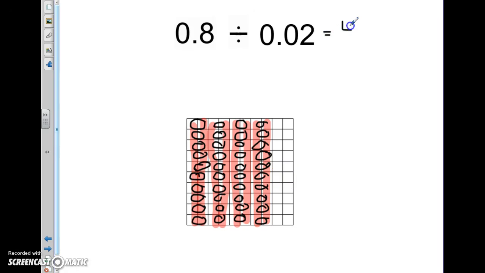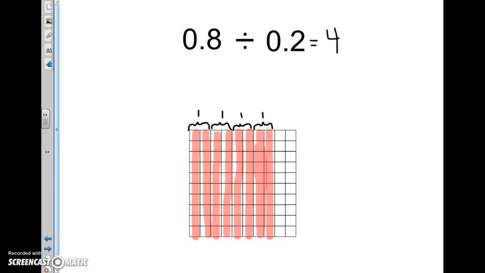So that tells me that if I had 8/10 and I divided by 2/100ths, I would have 40 groups of 2/100ths. So I'm going to look back at our last problem, which was 8/10 divided by 2/10. The quotient was 4. That's what that looked like.